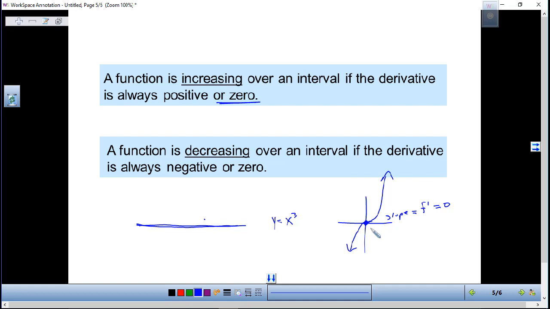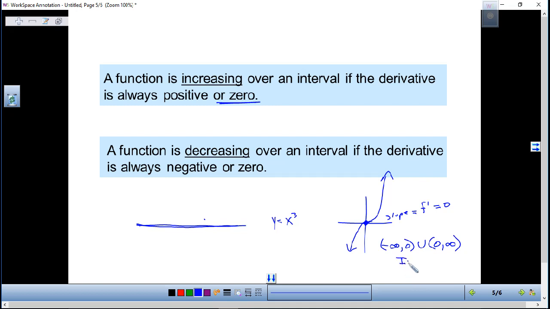Now, let's say you're asked, when is this thing increasing? Well, if you were to tell me negative infinity up to 0, open interval, and then union that with 0 to infinity, would you get this wrong?